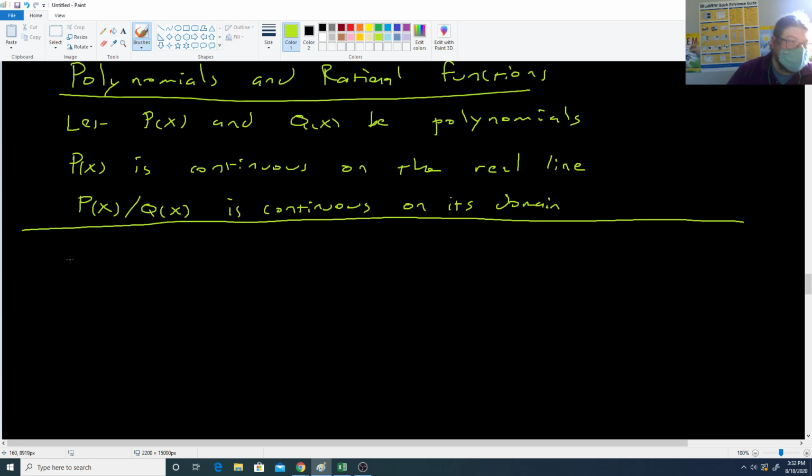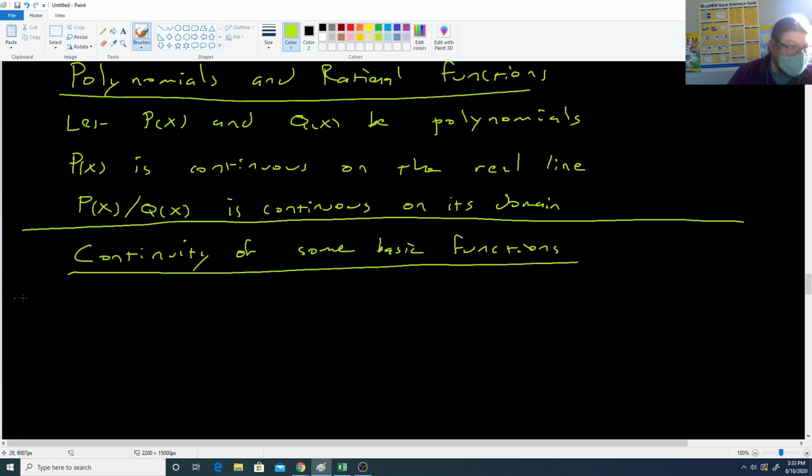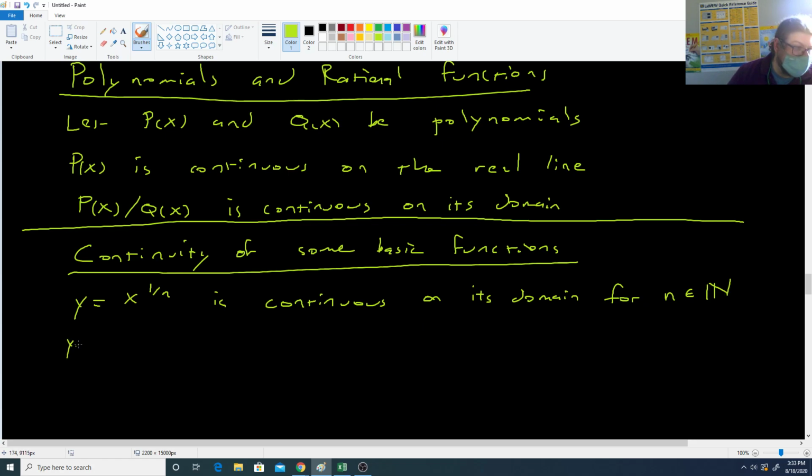We're going to talk about continuity of some basic functions. So we get that y equals x to the 1 over n is continuous on its domain, for n a natural number. y equals sine of x and y equals cosine of x.